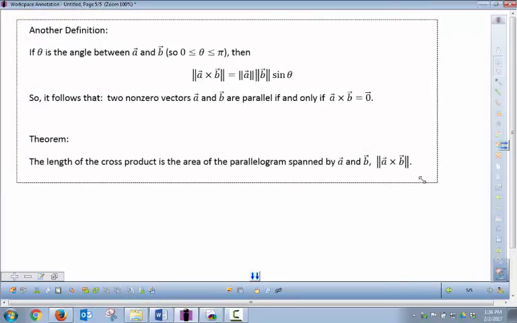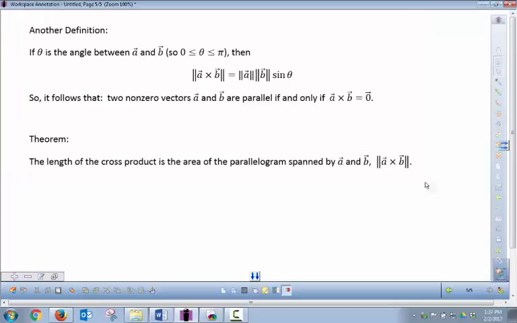Now, there's this definition that describes a special geometric property for the cross product, and it's very similar to the geometric property of the dot product. But I have to say that whenever you're asked to find the angle between two vectors, try to use the dot product.